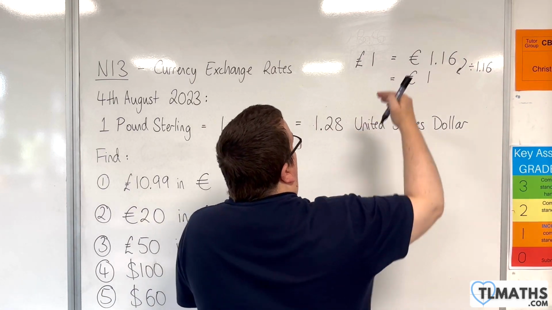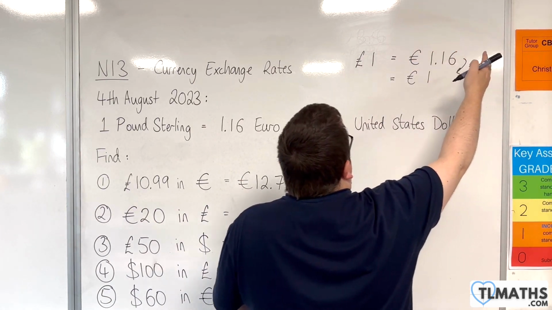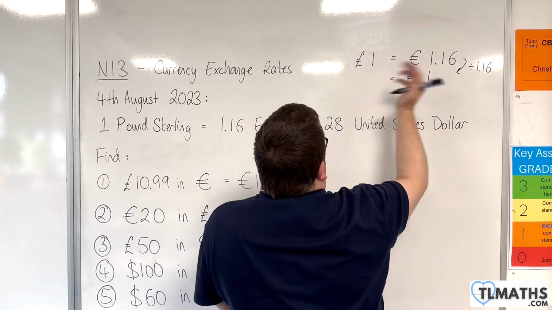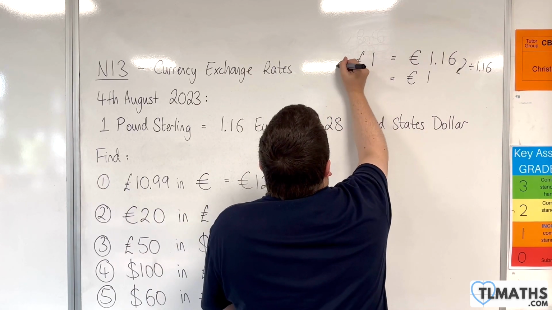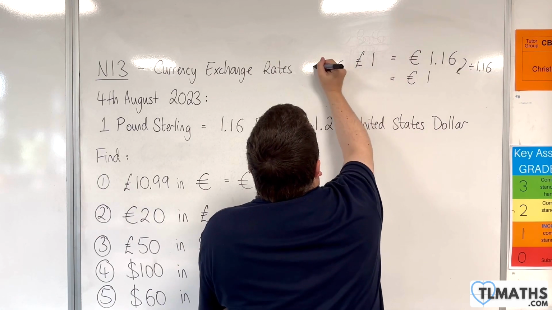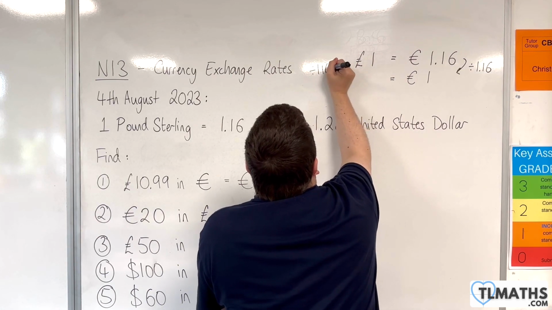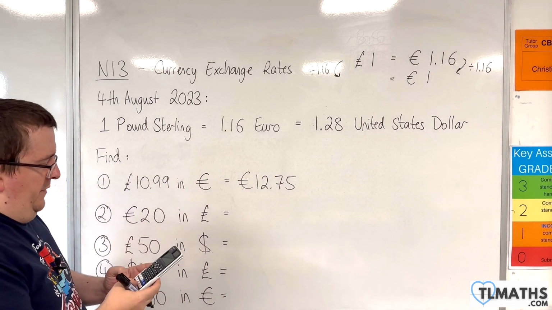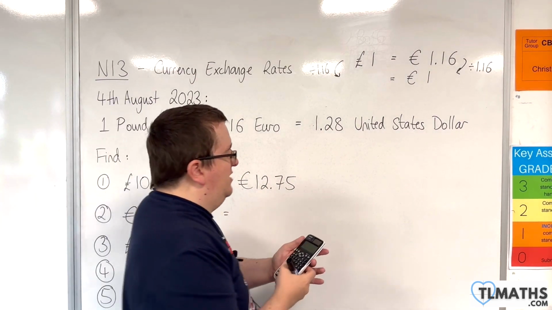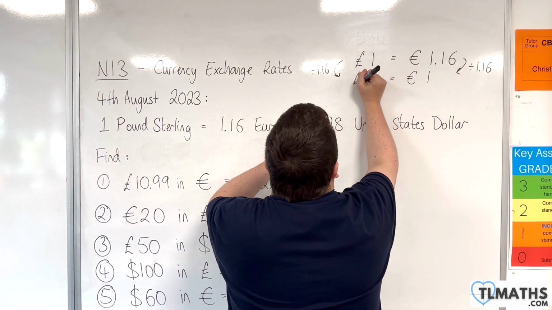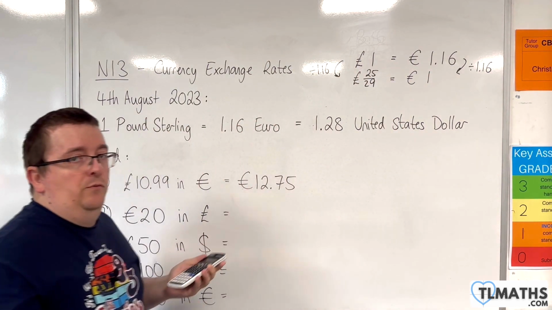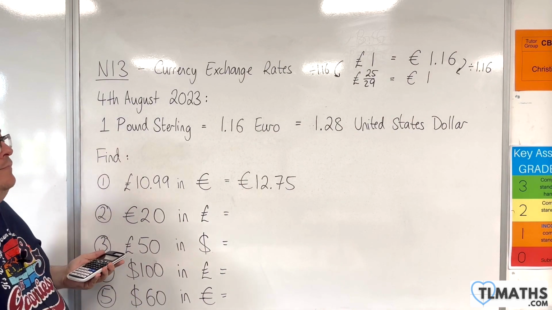Whatever I do to the right-hand side, I've got to do the same to the left-hand side, and vice versa. So I'm going to do £1 divided by 1.16. So 1 divided by 1.16 is 25 over 29. So this is 25/29ths of a pound.